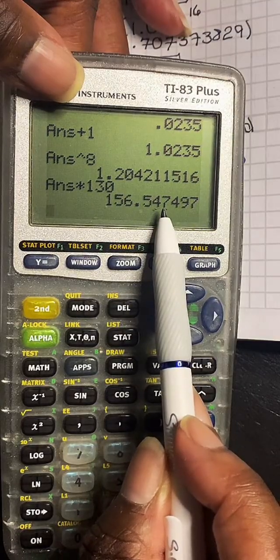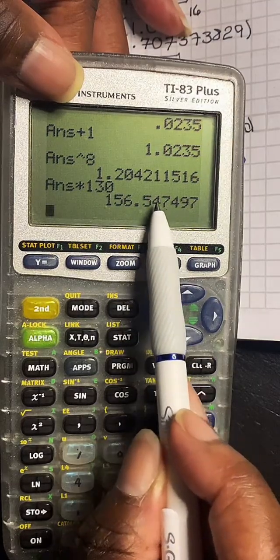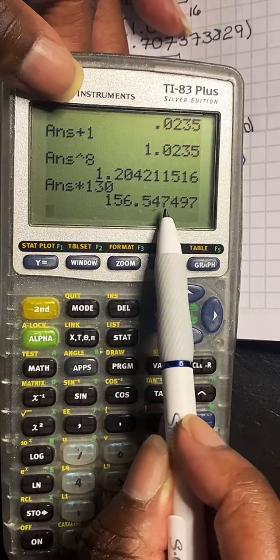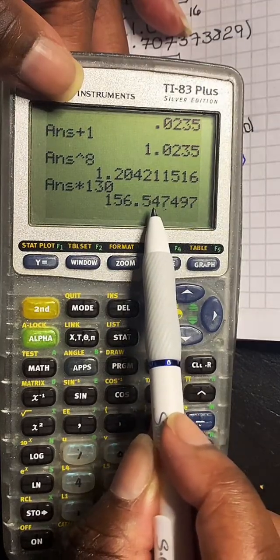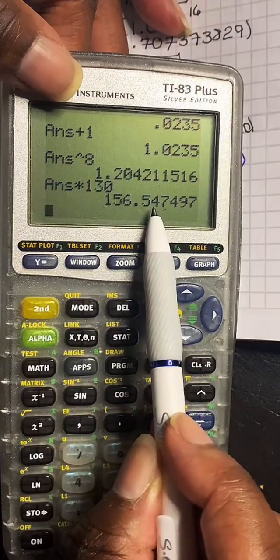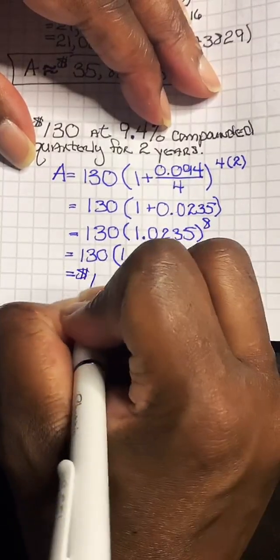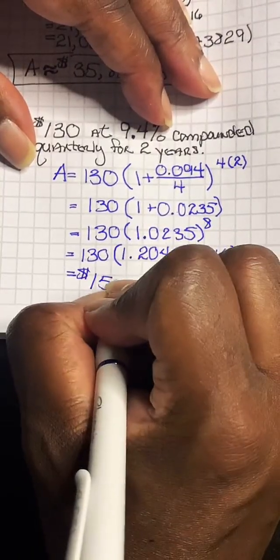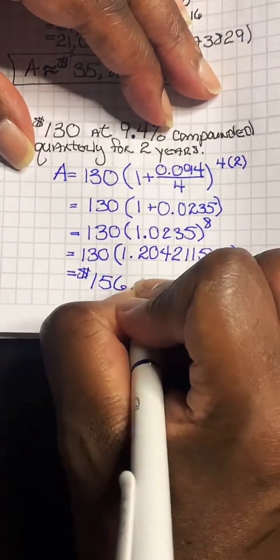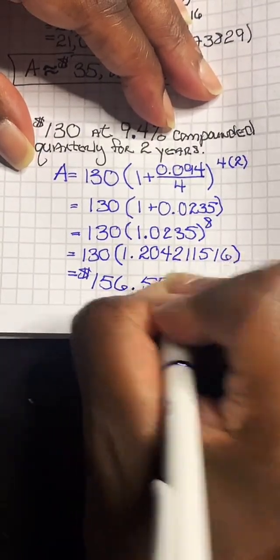Remember, if it's 5 and above, we're going to give it a shove. So that's a 7, so we're going to add 1 to that 4. That's how they got the 55. So our answer for this is going to be $156.55.